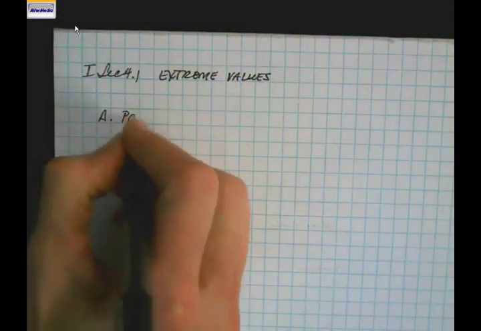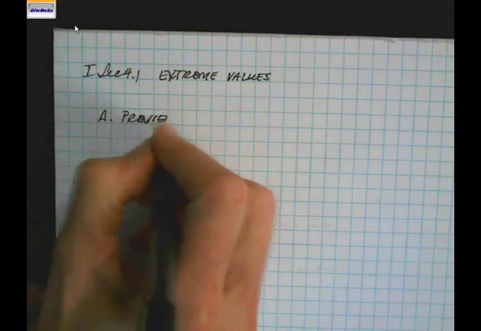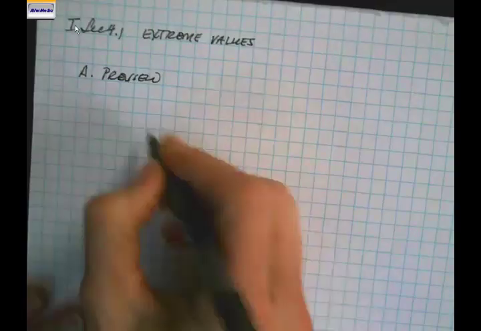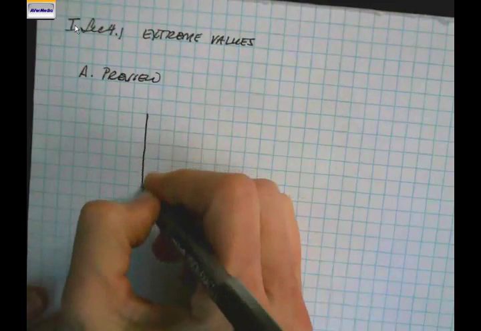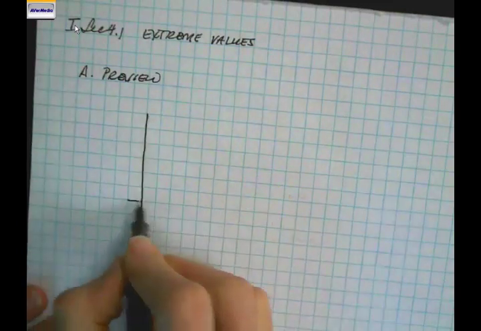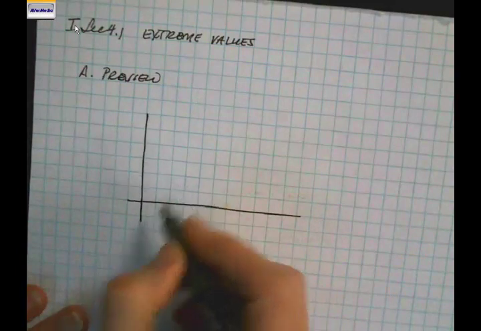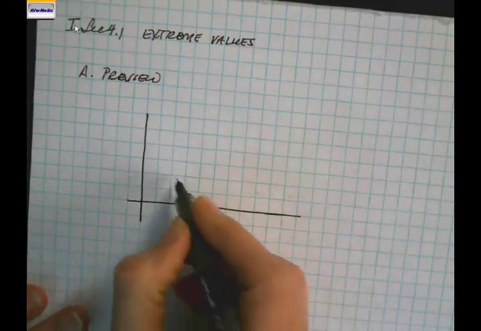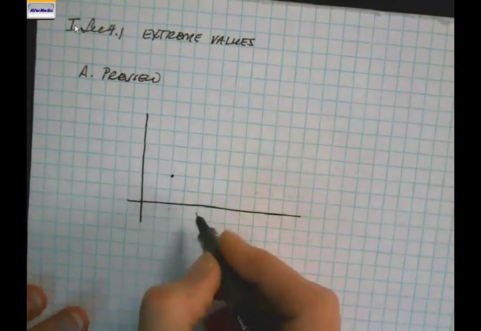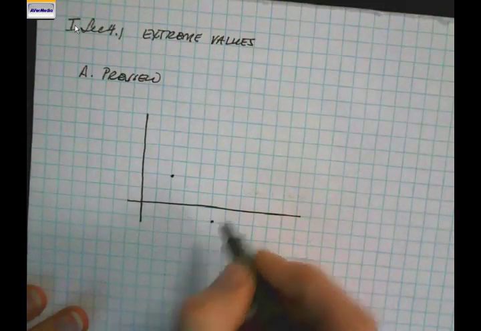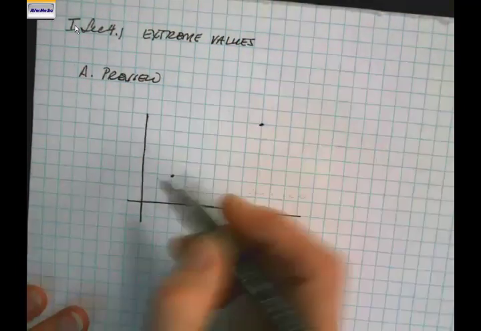All right, so a little bit of a preview. I'm going to try to duplicate a simple graph here. Suppose we go up, and then we come back down, and then we go back up, and we come back down.